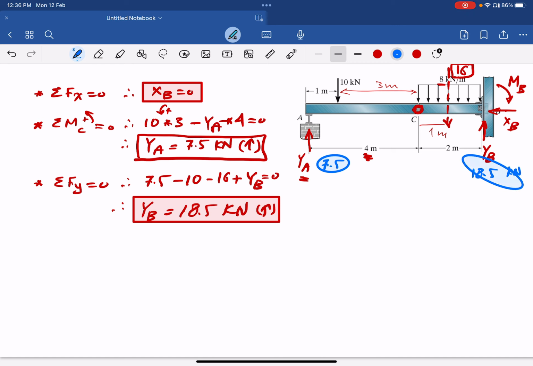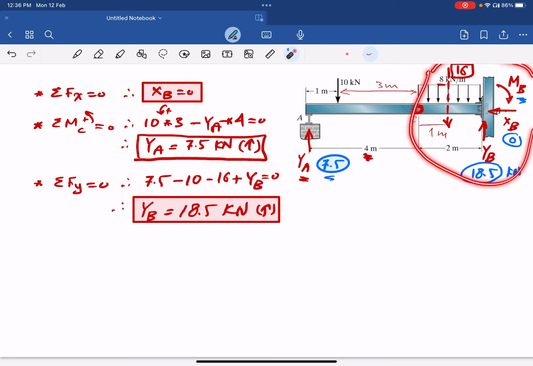So we have already found three so far. We found that XB equals 0, YB equals 18.5, YA equals 7.5. The only unknown left is the moment at B, and for this case we can take moment at the intermediate hinge for this right side.